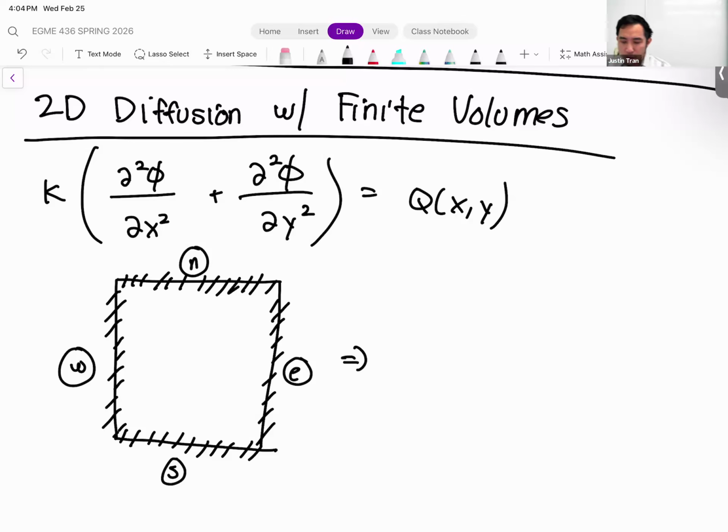I'm not going to go through the whole derivation again. We'll see it again very soon with convection. But essentially, you end up with 4 different terms.